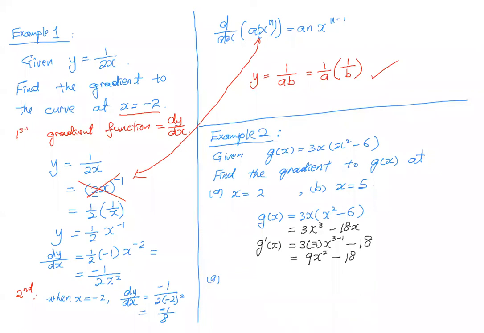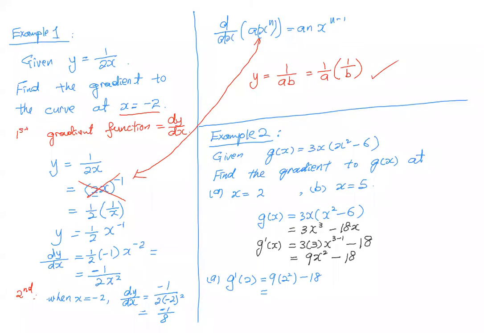So part A, I'm going to ask Gladys. What should I do with part A? Sub in x equals 2. To where? G x or G prime x? G prime x. Yeah, so I write down g prime 2. So it's 9 times 2 squared, take away 18.